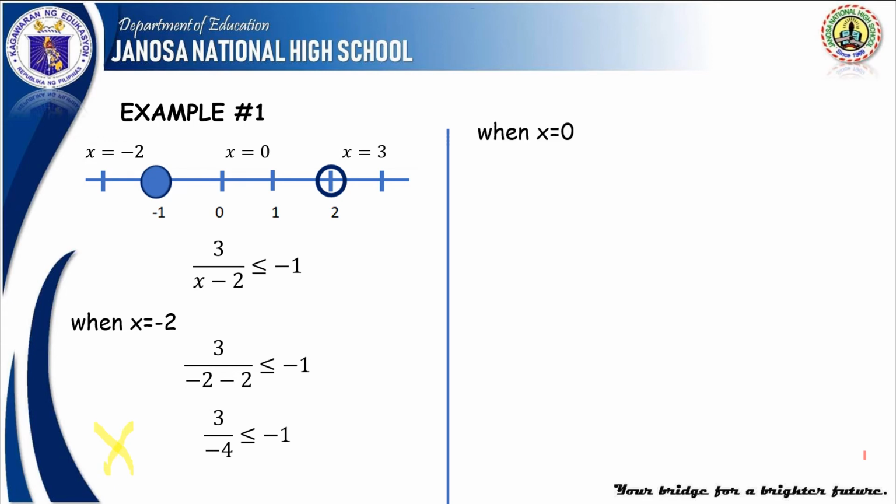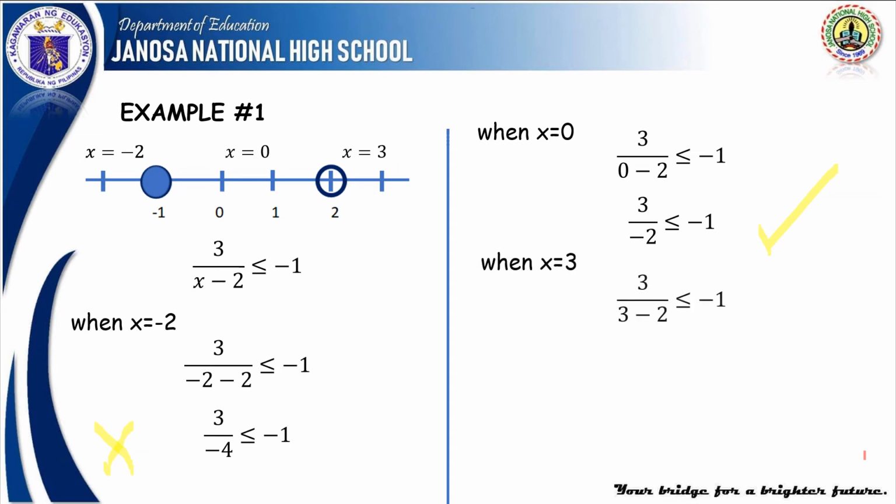So when x is equal to 0, we will have 3 over 0 minus 2 is less than or equal to negative 1. 3 over negative 2 is less than or equal to negative 1 by simplification. And this is true since 3 over negative 2 is equal to negative 1.5, and that is less than negative 1.